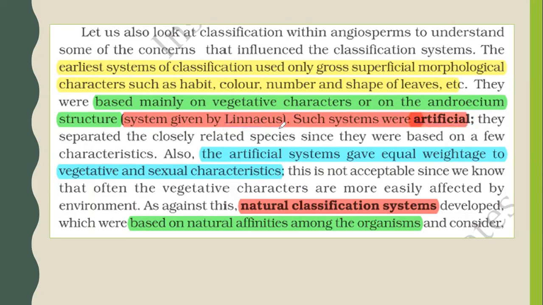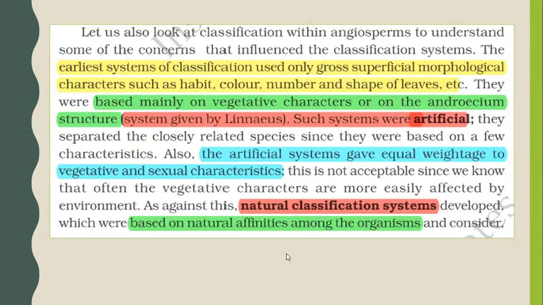Okay, and what were the characters? The early system used only gross morphological characters such as habit, color, number, and shape of the leaf. And this is an important statement. He gave equal weightage to vegetative or the androecium structure. So Linnaeus' classification was based on the androecium structure. That was a previous year NEET MCQ question, a statement-based question it was.